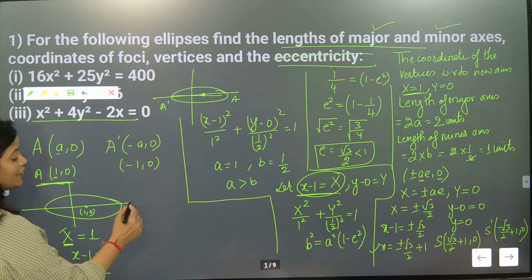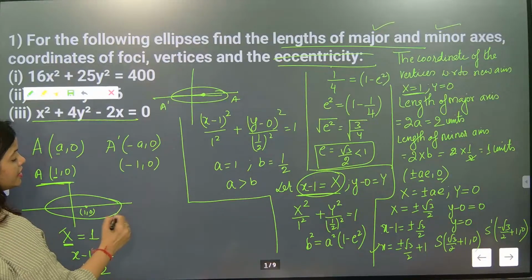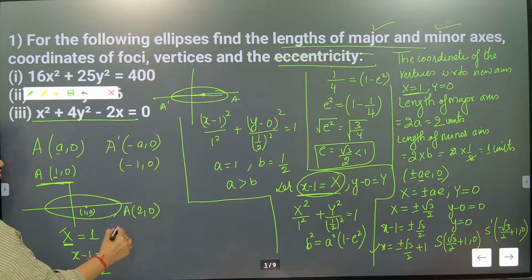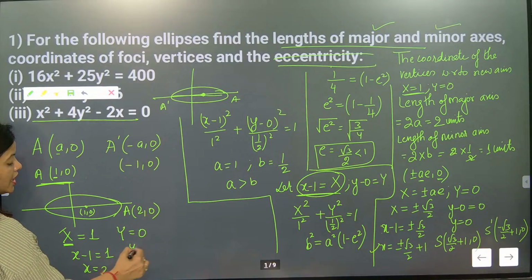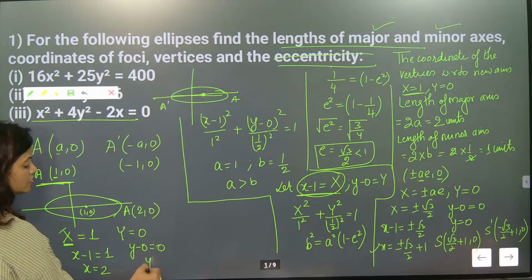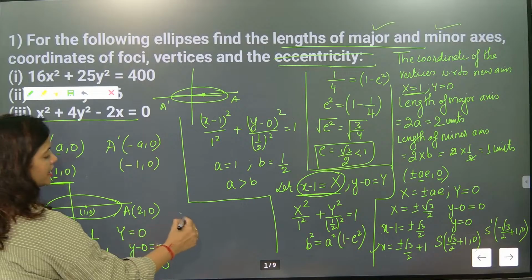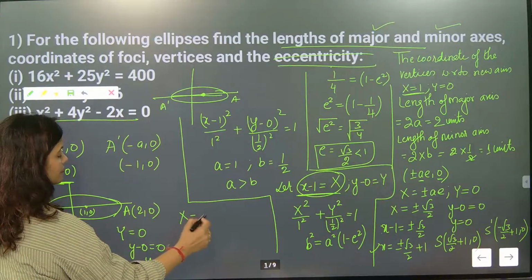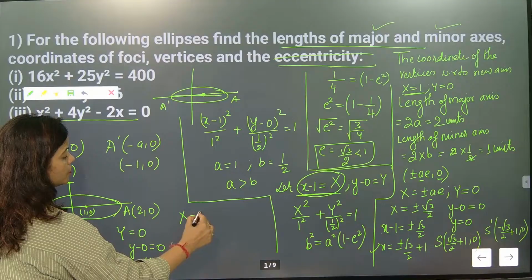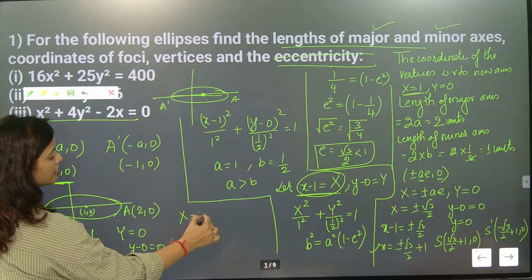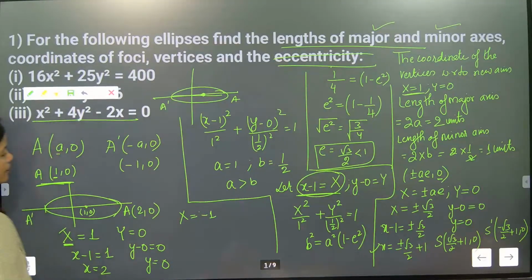So that means our new vertex point A will be 2 comma 0, because Y was equal to 0 and y minus 0 equal to 0. So the y part will come as 0. Now A dash here will be 1, because now this part will be x minus 1. Here minus 1 will be there, because 1 and minus 1 parts will be there.